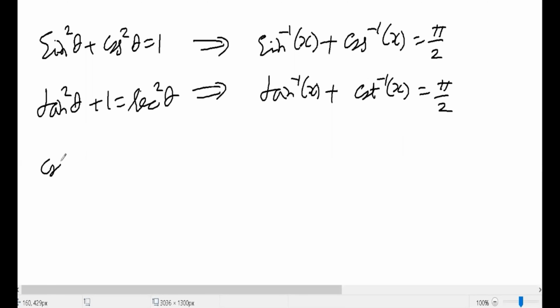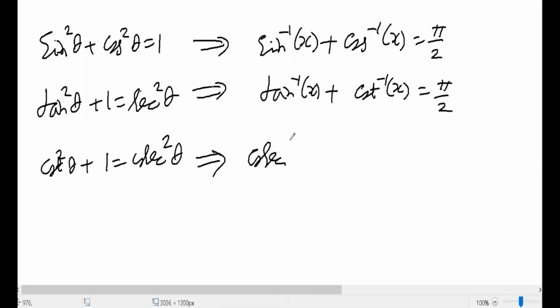We have another formula, cot square theta plus 1 is equal to cosec square theta, which you can relate as cosec inverse of x plus sec inverse of x is equal to pi by 2.